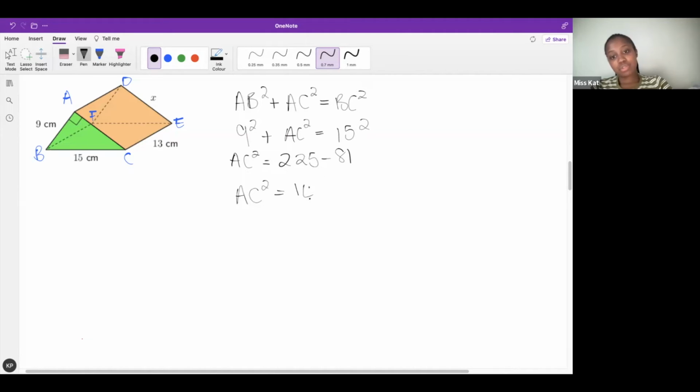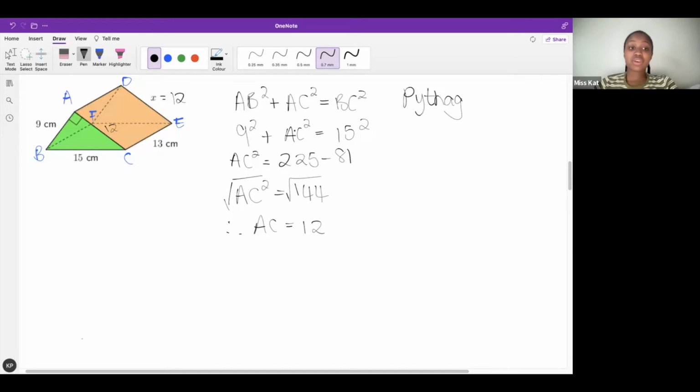Equals 144. Therefore, AC equals 12. Okay, there we go. But if you just went to AC's 12 Pythagorean triplet, yes. So X is 12, okay? We just established that. 12, 12.